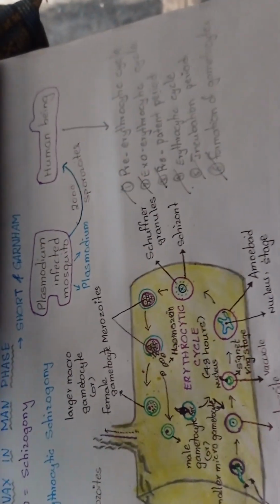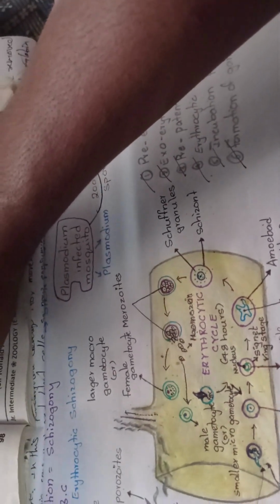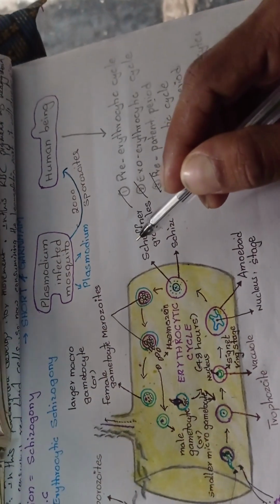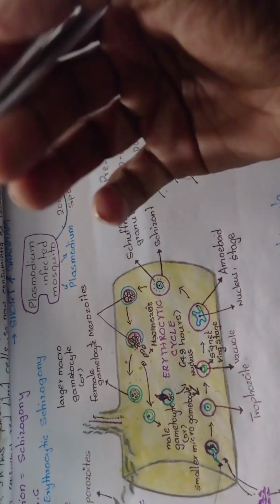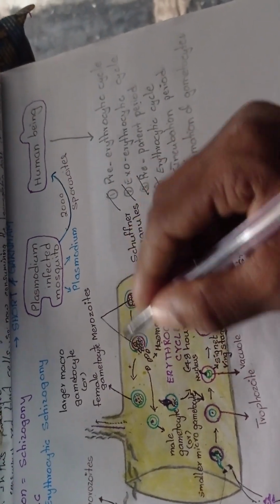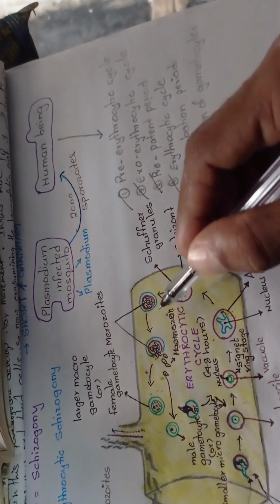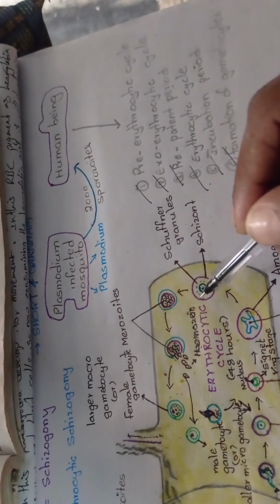Formation of gametocytes. What is the formation of gametocytes? After repeated cycles of erythrocytic schizogony, when the number of fresh RBCs decreases, some merozoites enter into the RBC and transform into gametocytes instead of continuing the erythrocytic cycle.